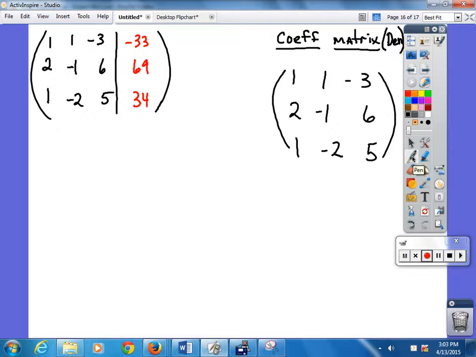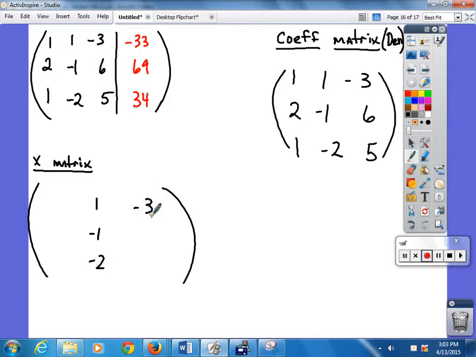Next, we're going to set up another matrix. In this matrix, we're going to call it the X matrix. And we're going to put 1, negative 1, negative 2, negative 3, 6, and 5. And instead of putting the X column, I'm going to put the red column.